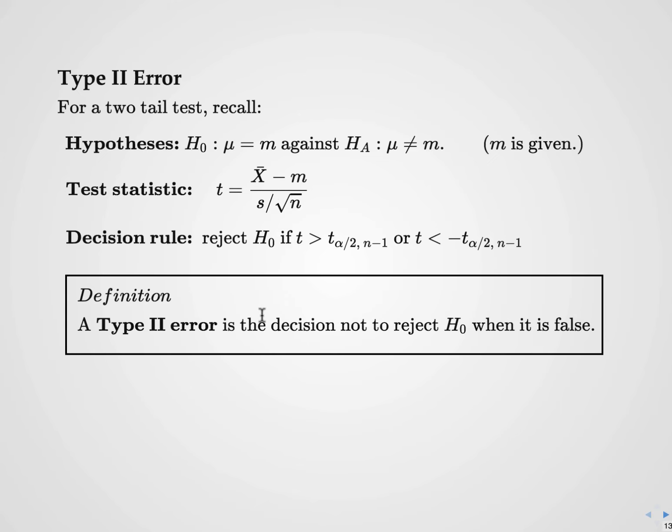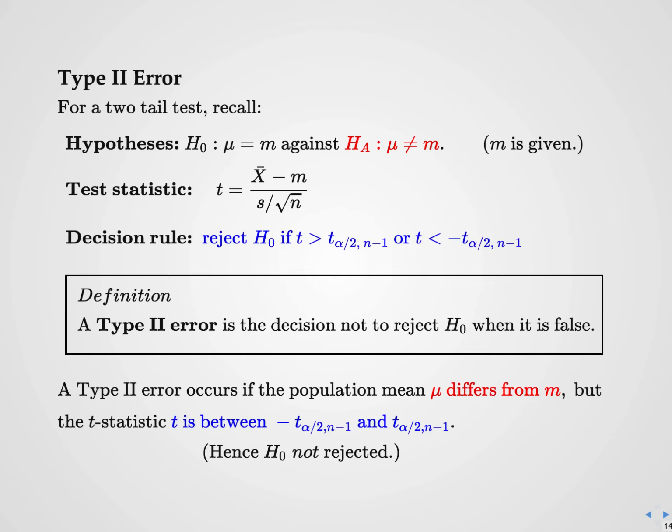Now, type 2 error is the decision that we make to not reject the null hypothesis when the null is false. What this means is, if the null hypothesis is false, then the alternative hypothesis is true, which means that mu is different from m.